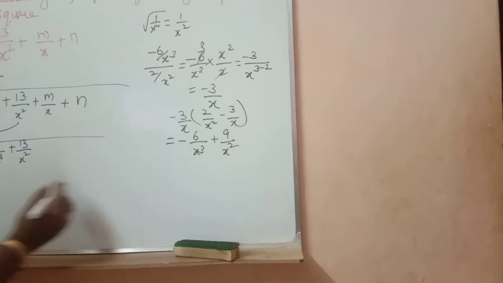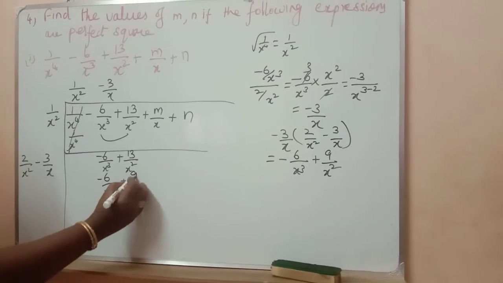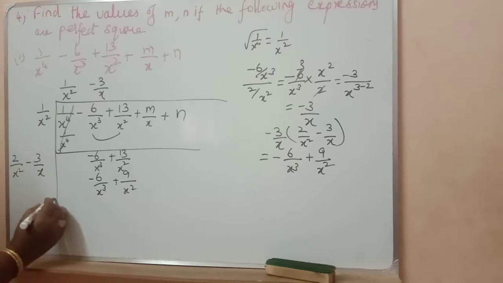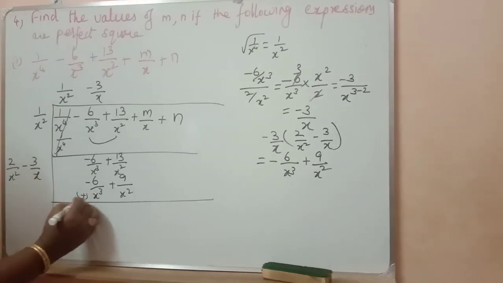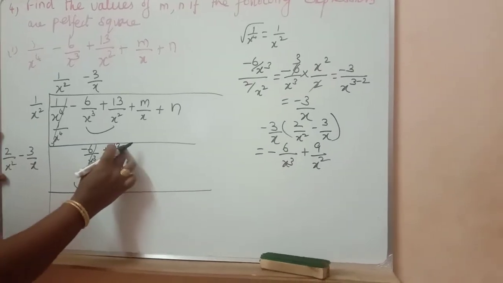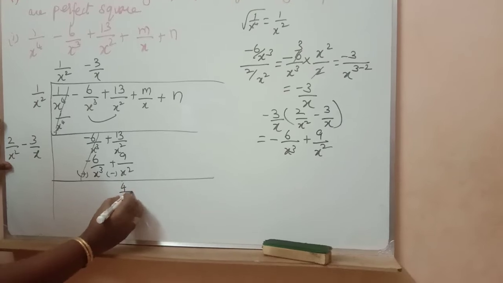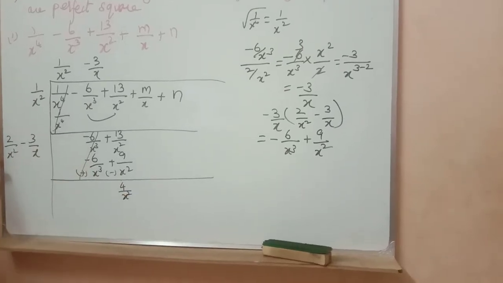So these two terms we have right here. Minus 6 by x cube plus 9 by x square. Change the sign, it will be cancelled. Here 13 minus 9, 4. The variable is 1 by x square, so 4 by x square.